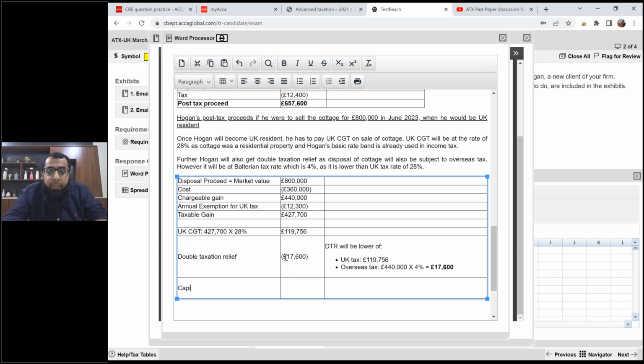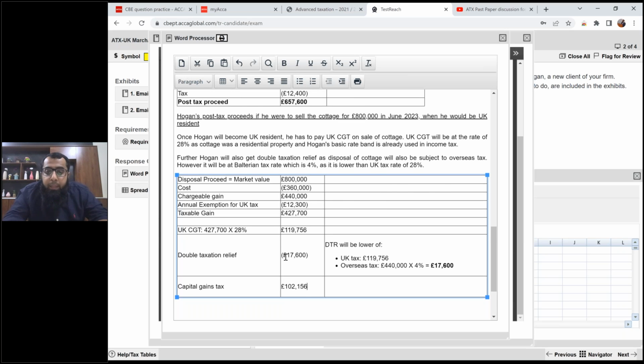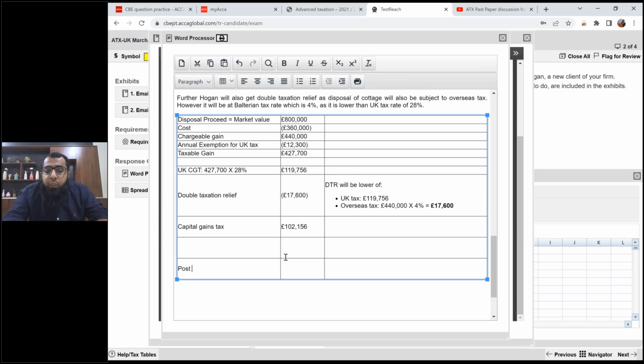So the capital gains tax amount will be, can anyone tell me? 119,756 minus 17,600. I will repeat the things again. If you have any confusion, don't worry about it. 102,156. Okay. Now we have to calculate the post-tax proceed.